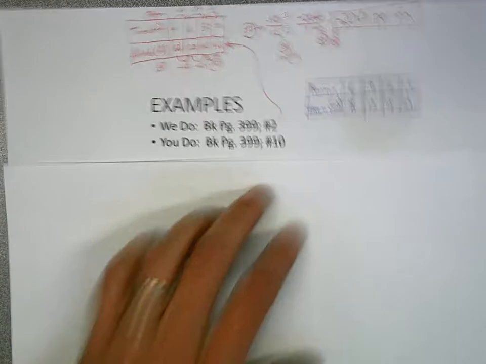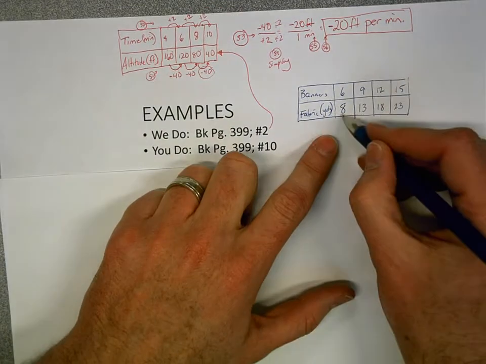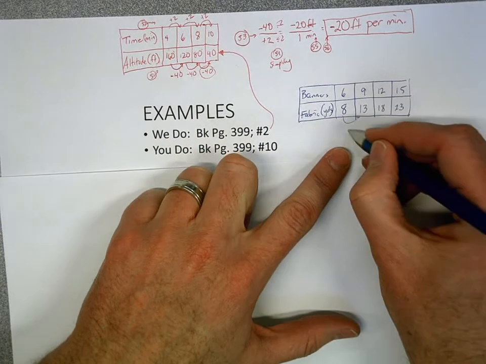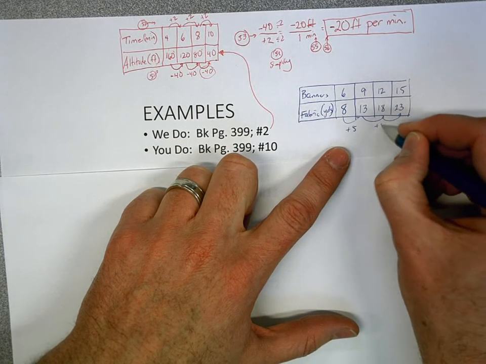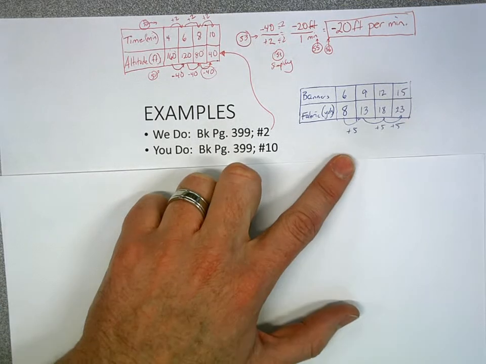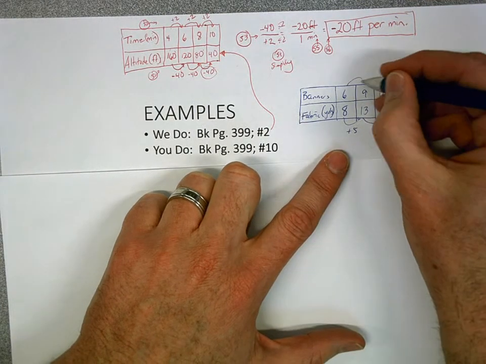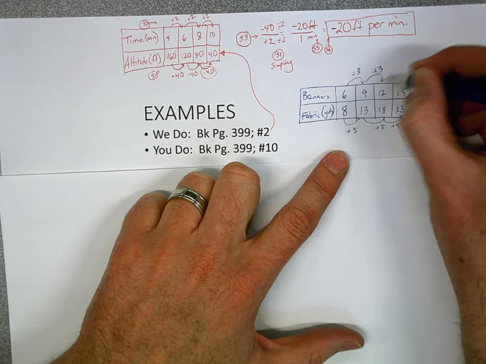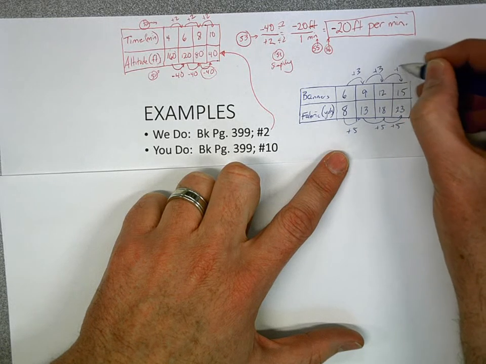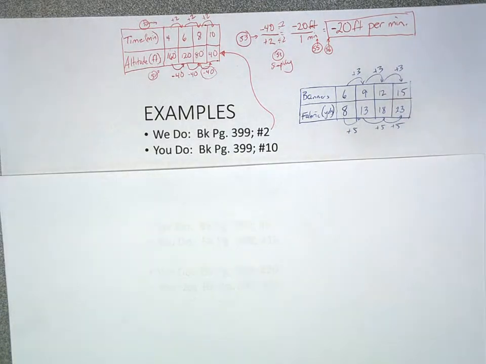All right, so here we go. Step 1, let me find out what's happening here. There's an increase here of 5 yards. There's an increase of 3 banners.